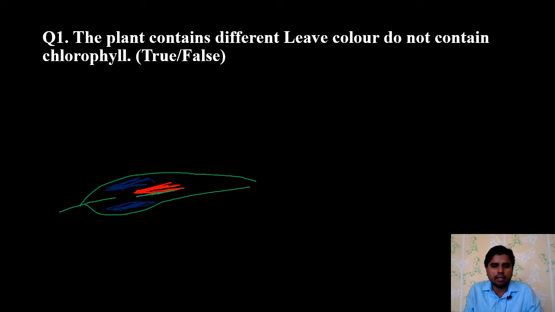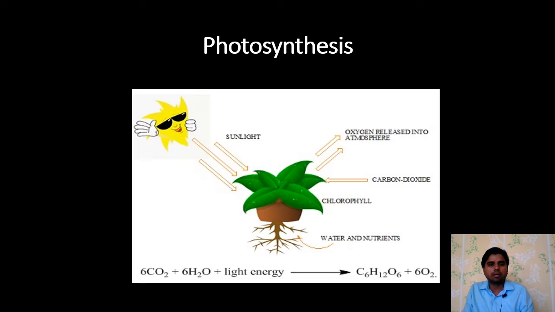They do not contain the green pigment, chlorophyll? We have studied now that the green pigment is actually masked by the different colors, that is red color, blue color, brown color. But we know that the green pigment is present there, so this statement is false.